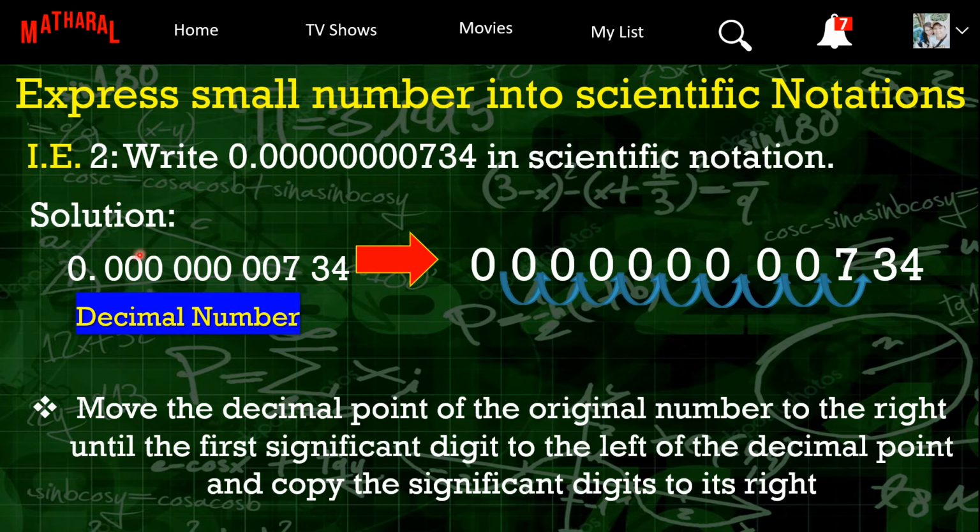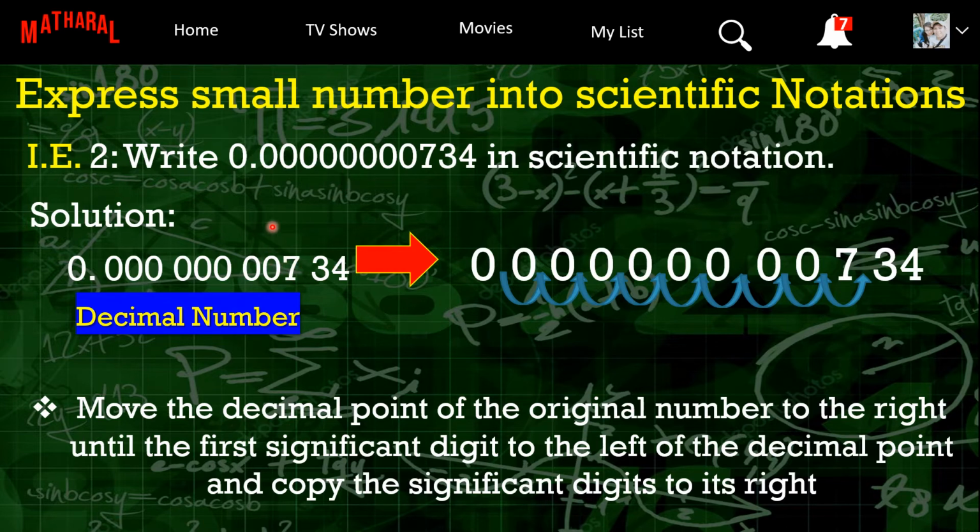If we're going to name it, it is billionths. That is maybe 7.34 billionths. So now, we're asked to rewrite these decimal numbers into scientific notation.